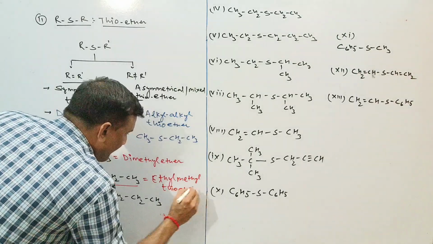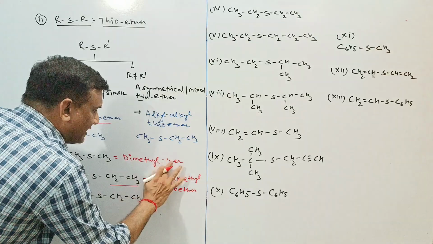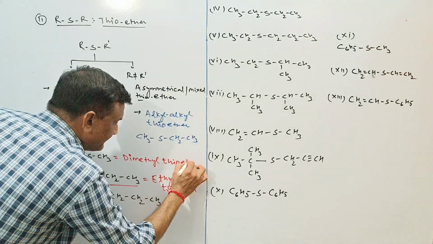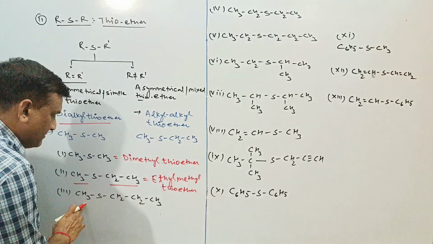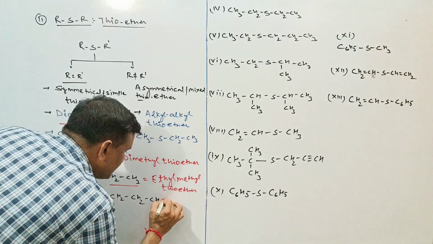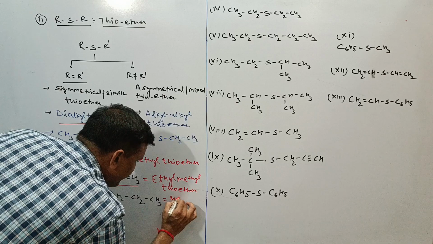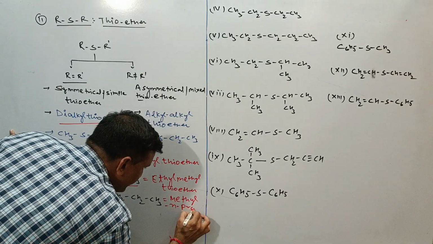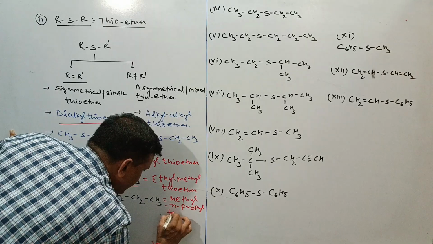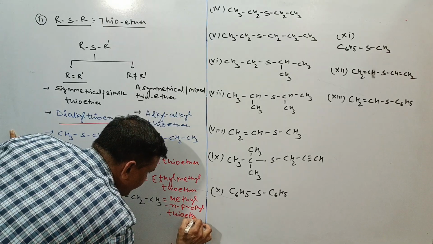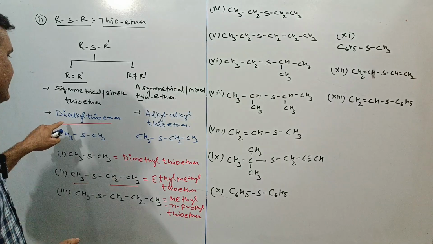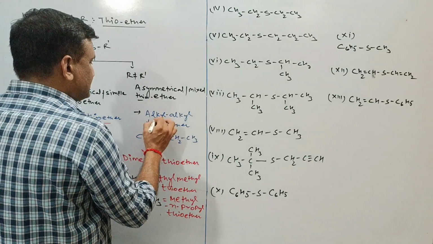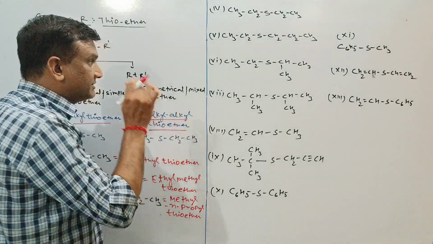Here it will also be dimethyl thioether. Here is methyl and this is n-propyl, so it will be methyl n-propyl thioether. That's why dialkyl thioether and alkyl alkyl thioether.